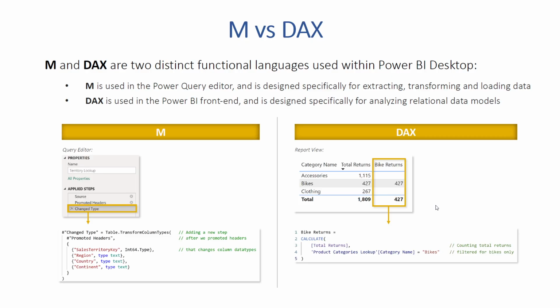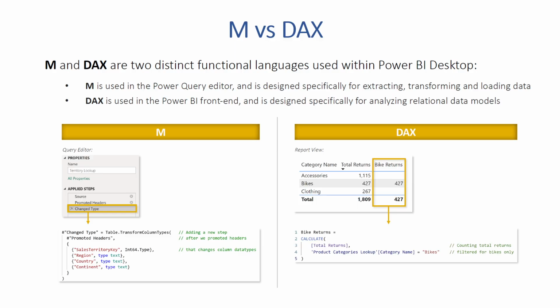First, let's try to understand what M code is and what DAX is. M and DAX are two different languages used within Power BI Desktop. M is used in the Power Query Editor and designed especially for the extract, transform, and load (ETL) parts.